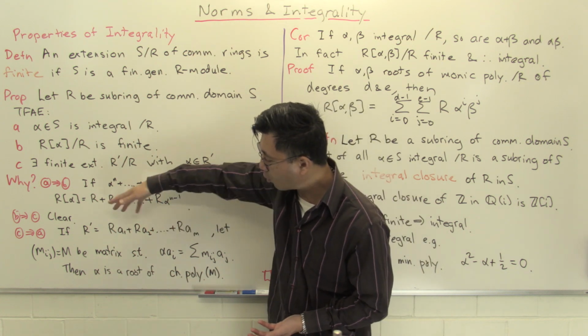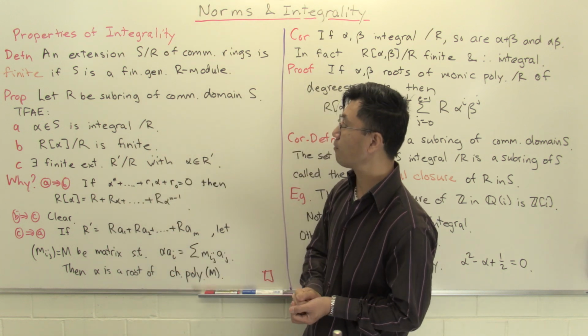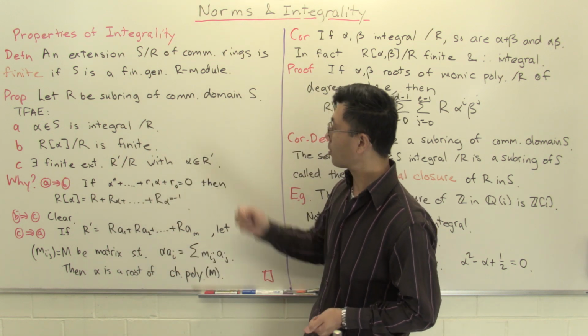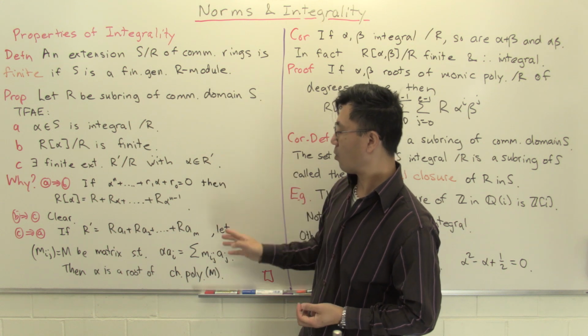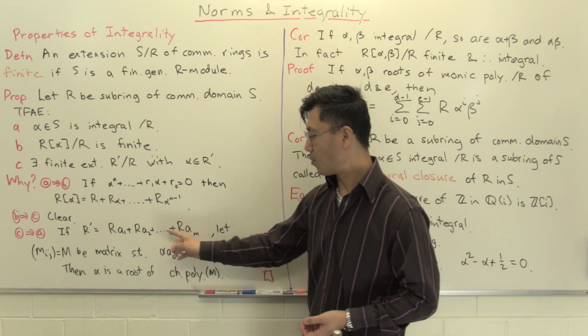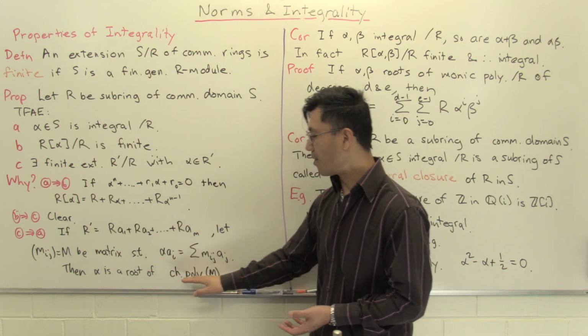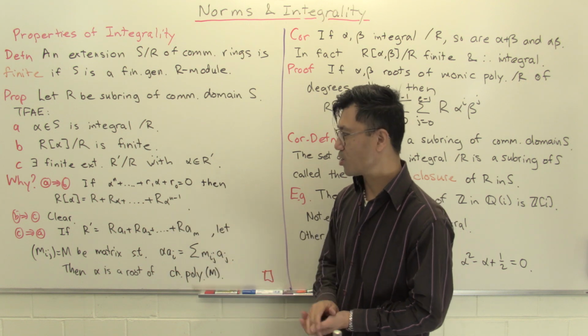So if it's acting as 0 on all these generators, it acts as 0 on all of R prime, and hence it actually has to be 0 itself. That's because 1 is a linear combination of these, so if you multiply by 1, you'll get 0. That's the basic idea of what's going on, and that's where you get your monic equation from.